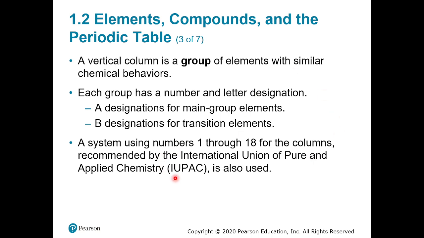Typically, the IUPAC, which is the Union of Pure and Applied Chemistry, they're the people that come up with the periodic table and designate new names, etc. A little kind of funny thing about IUPAC, by the way, is that IUPAC used to be really, really contentious with each other.